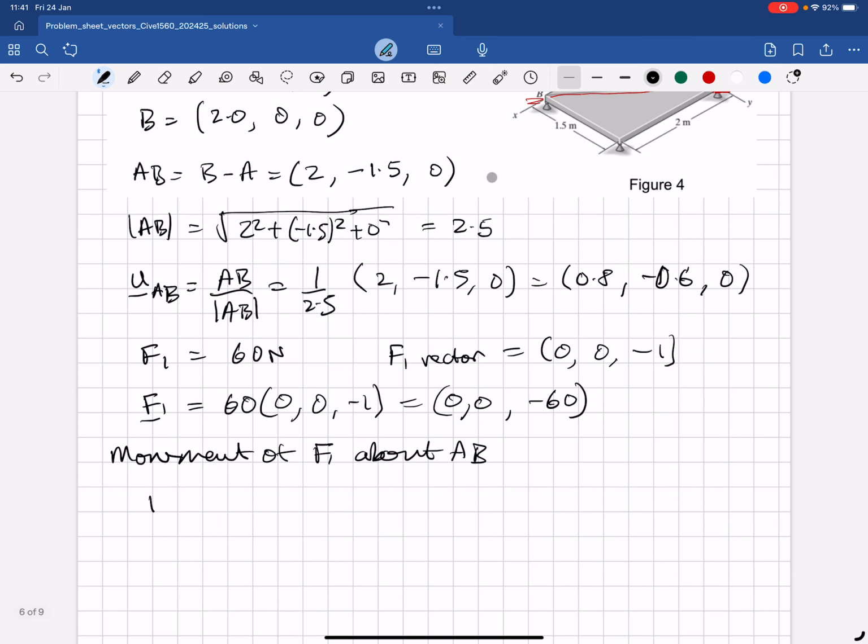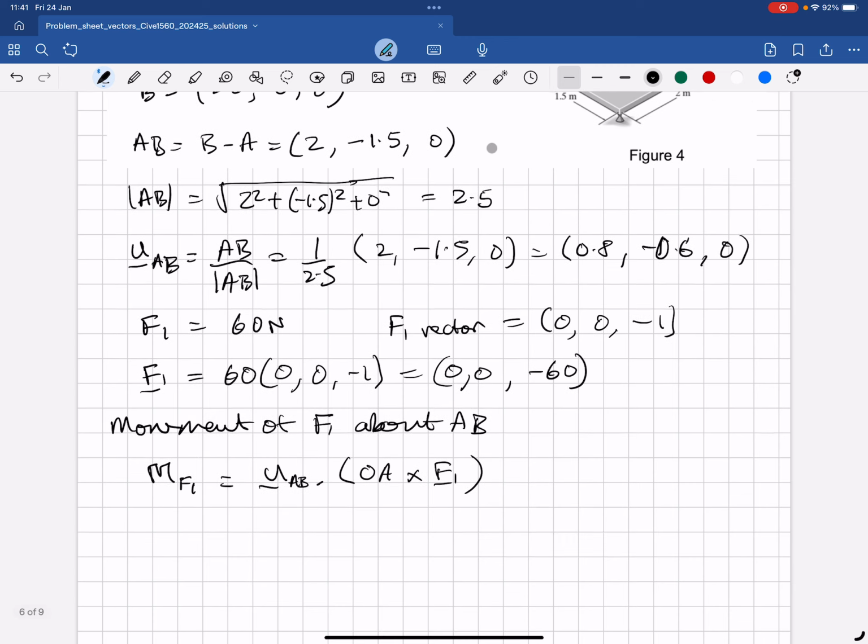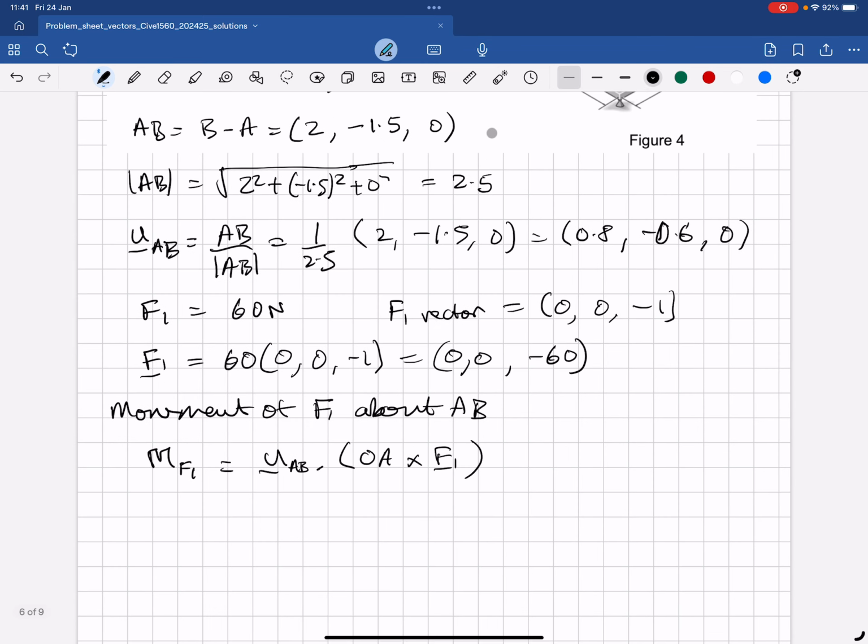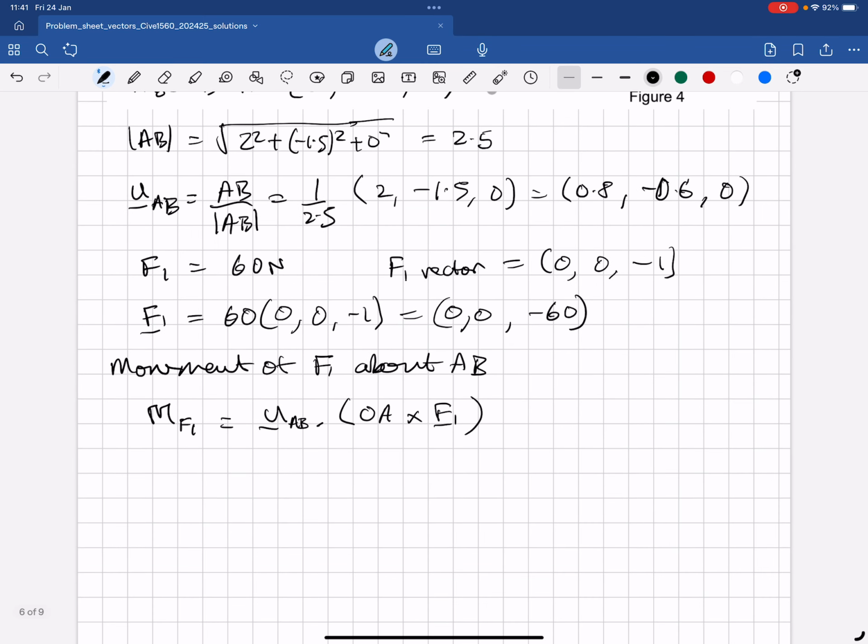So the moment of F1 is equal to the unit vector along where we want the moment calculated, dotted with the cross product OA crossed with F1. Okay, let's just do that cross product first.